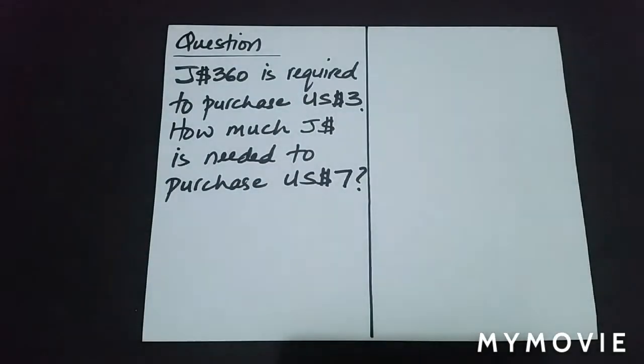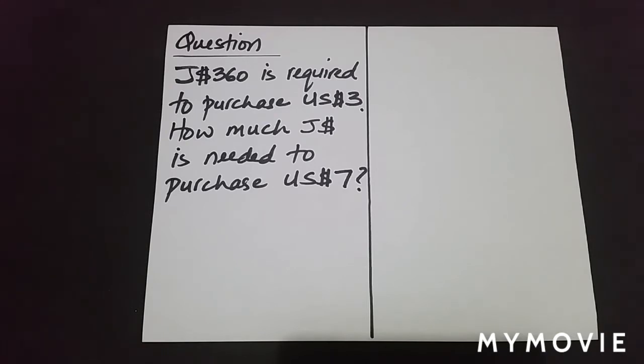How much Jamaican dollars is needed to purchase US $7? Now the big question is this: is this direct variation or inverse variation? That is the big question. All right. So how do we work this question?